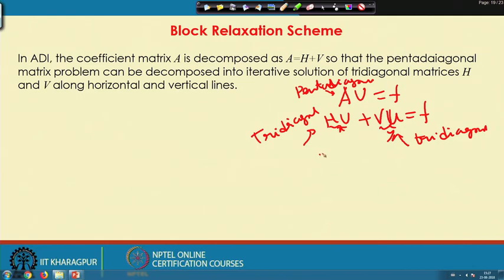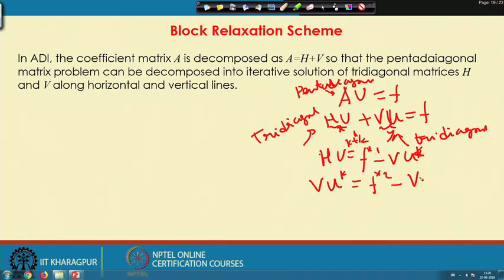The idea is first solving HU^(k+1/2) equal to F minus VU^k, using the last updated value, and then solving VU^(k+1) equal to F minus HU^(k+1/2), and updating it.